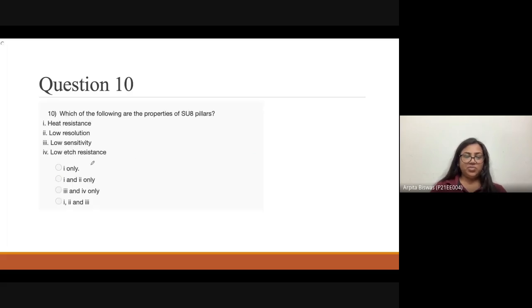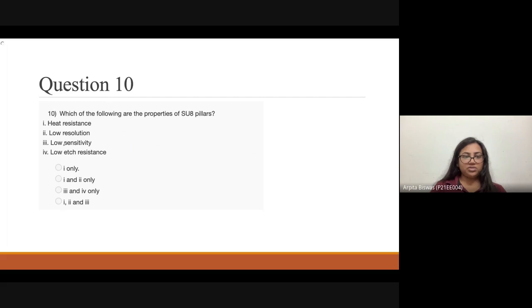Okay. So we move toward question number 10. Which of the following are the properties of SU8 pillars? If you go through the lecture, you can see there is an SU8 pillar for cantilever type structure. And here the question is which of the following are the properties of this SU8 pillar? The first option is heat resistance. The second option is low resolution.